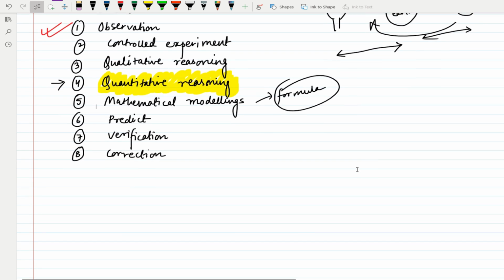So let us take an example. Suppose we have a rod, and you want to find out its length or area, or what is the dimension of this. The process of finding the value or the dimension of it is called measurement. So remember, how will we find out the length of this?